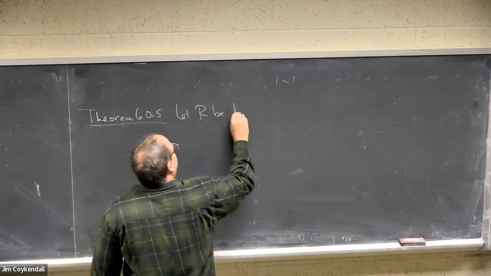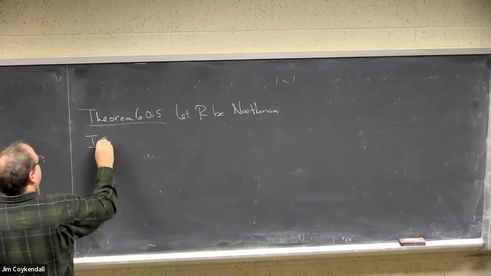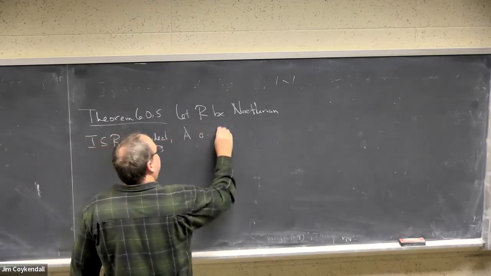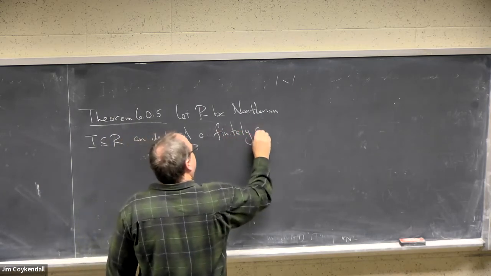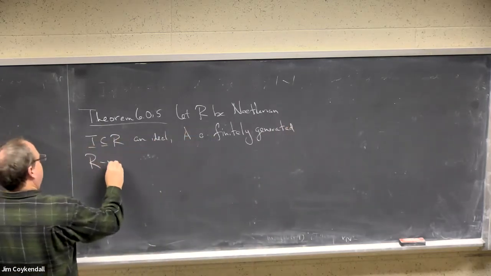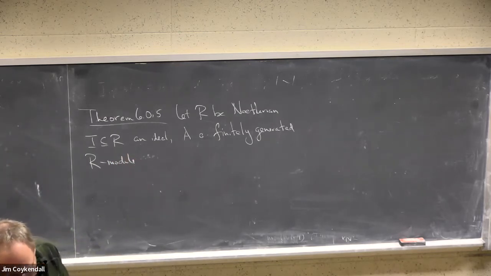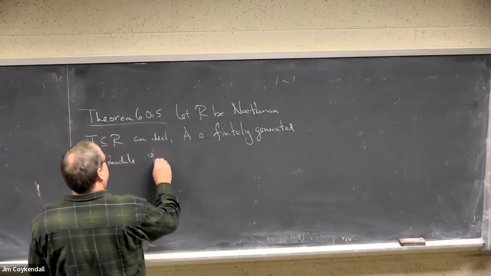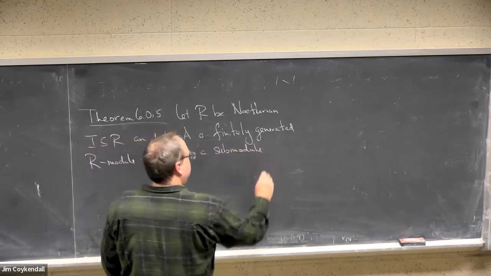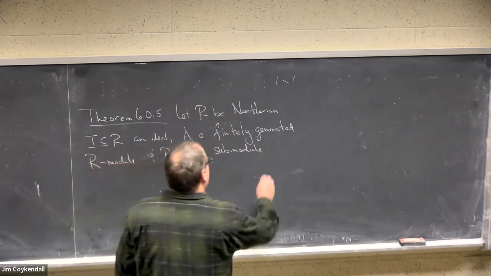Let R be a Noetherian ring, I an ideal, A a finitely generated R-module, and B just any submodule of A. So that's the setup here.